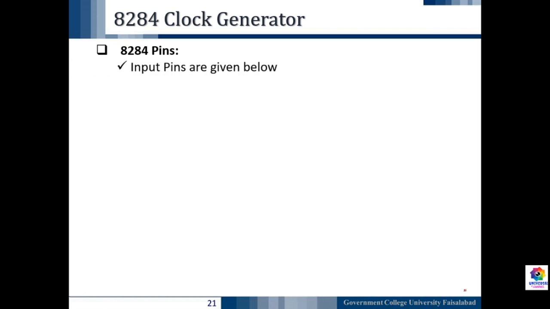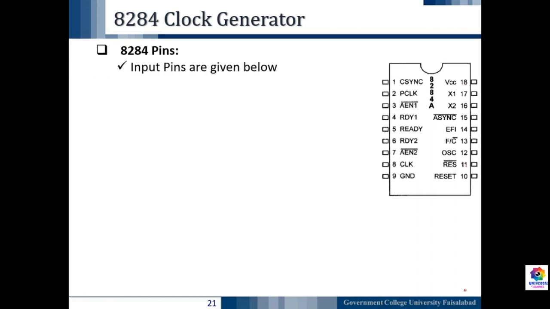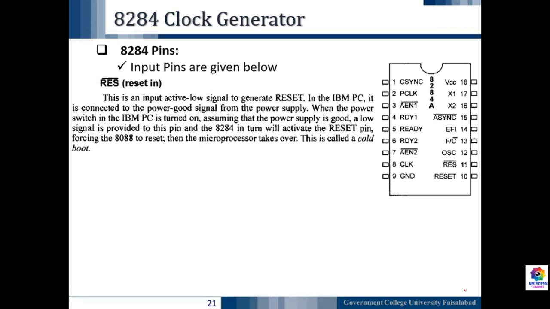Now the 8284 input pins are given below. The first input pin is the RES bar pin, which is pin number 11, and the bar on it represents that it is an active low input pin. In the IBM PC, this pin is connected to the power supply, and whenever we turn on the power supply, it generates an active low signal which is fed to this pin.